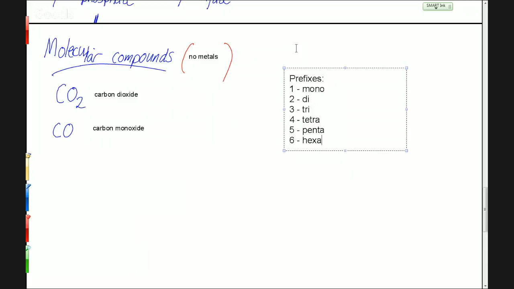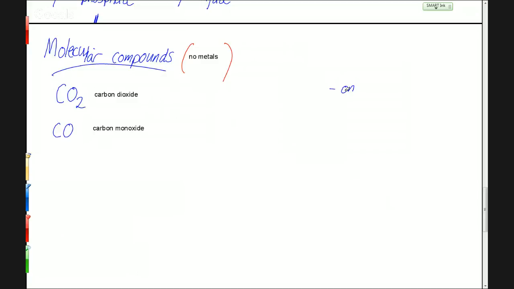So the name becomes just prefix before the first one, prefix before the second one. The exception is mono. That prefix is not used on the first atom.